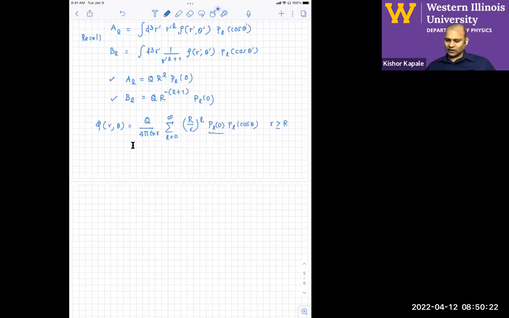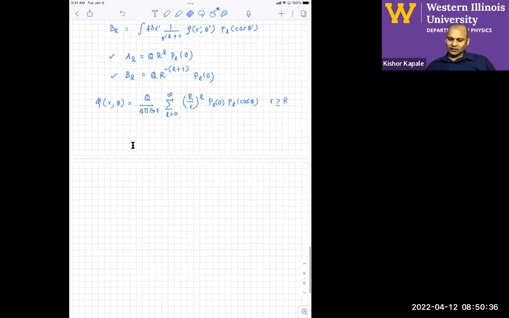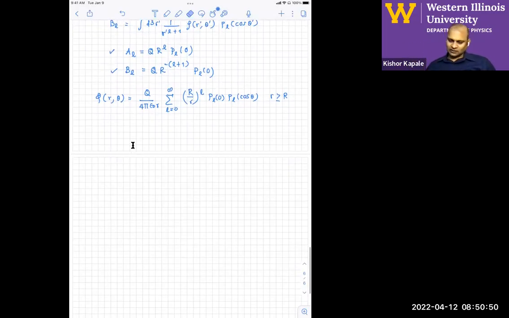Right. So P_L(0) only comes in the expansion coefficient, right? You still have to expand over the Legendre polynomials. So they are all there. There is no clear symmetry in this situation for a ring, right? So all of the moments contribute. There is no clear mimicking of the structure of the P_L(cos θ) for different L's matching with the position of the ring. So it has to contain all of the terms.